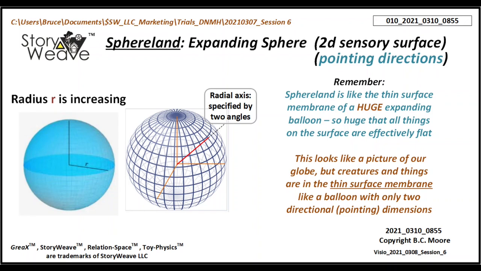You can just go forward and back, left and right here. The radius of this thing is increasing. But notice that you have an axis. You can have an axis coming out to a point on the surface, and that axis is specified by 2 angles. So this picture looks like a globe, but the emphasis is on the thin outer membrane. So this will be about this expanding globe.